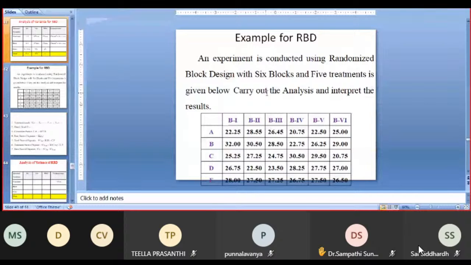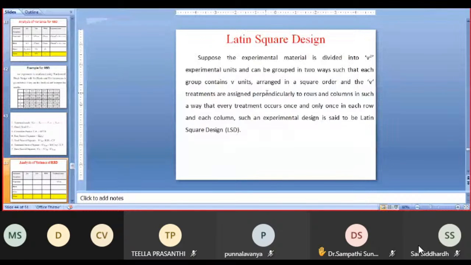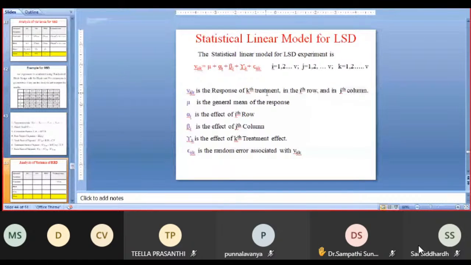And now the third basic design. We are dividing the total experimental material into equal-sized units, similar to two-way classified data, row-wise and column-wise, and the number of treatments must be equal.